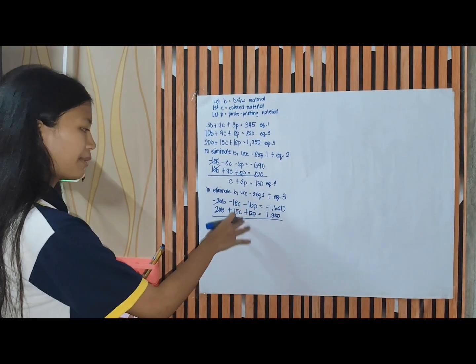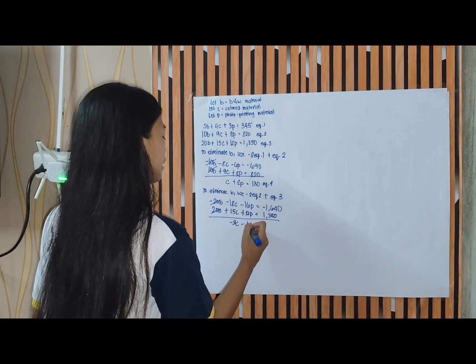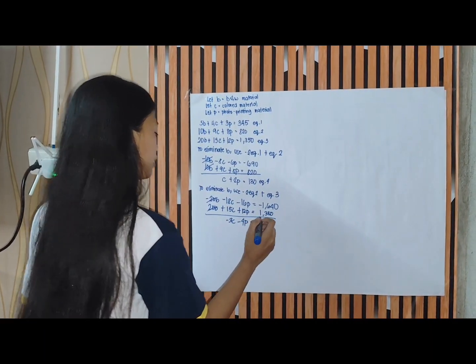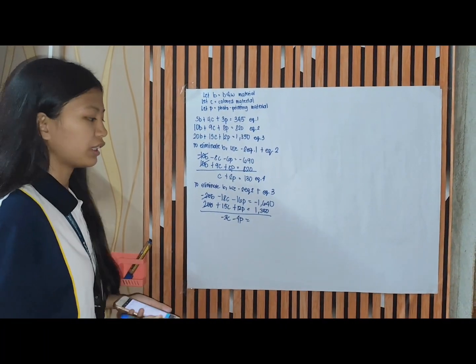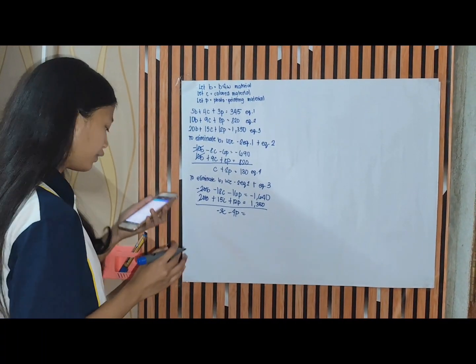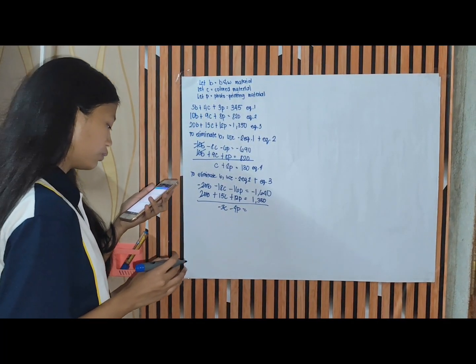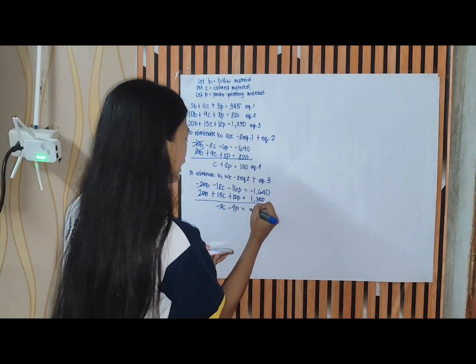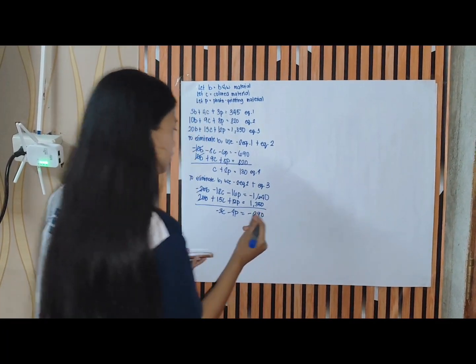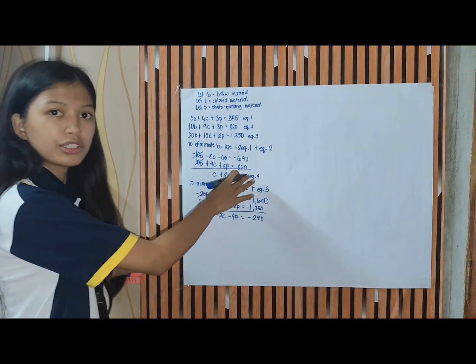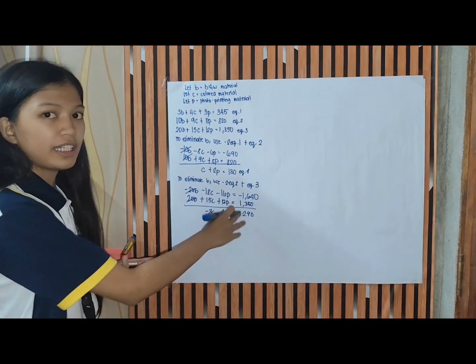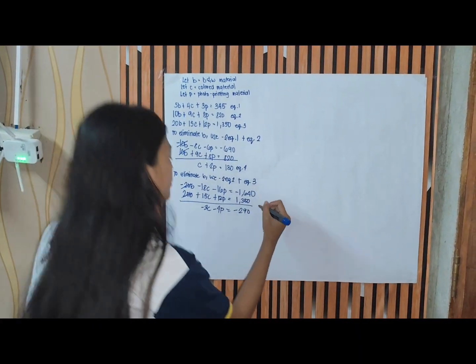Then -16P plus 12P is equal to -4P. This is equal to -1,640 plus 1,350, which is -290. Since the previous one is our equation number 4, this will be our equation number 5.